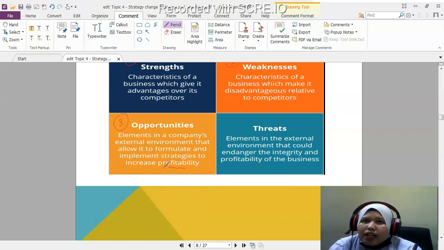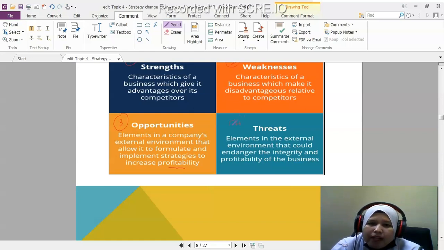What are the things that you can increase, or use as added value for you in the management? Apa yang menyebabkan ada peluang yang boleh menambahkan profitability ataupun keuntungan of your company. So you need to know all those things in order for the company to do the SWOT analysis.